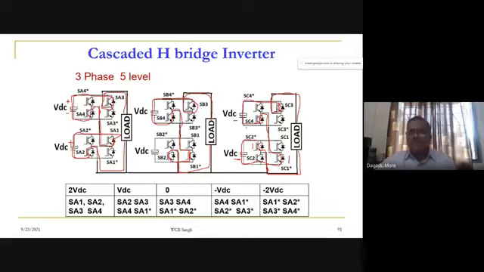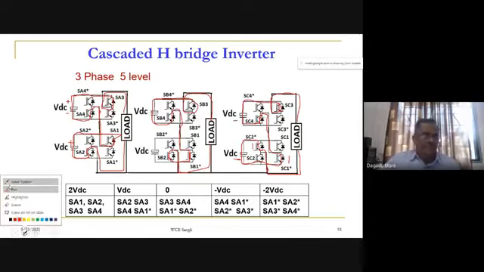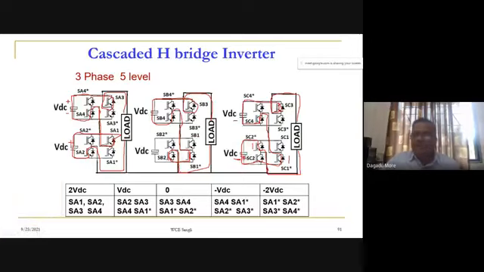Both negatives are connected together, which means these two voltage sources are having a series opposition. They are having a series opposition particularly for this, and because of that, the output voltage will be 0.